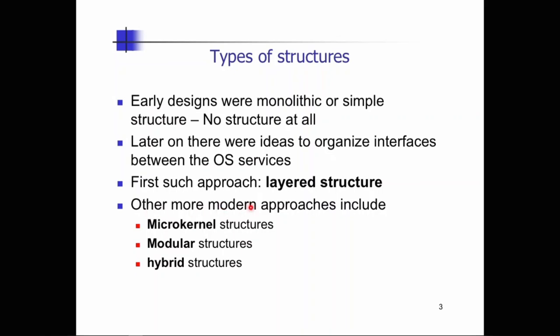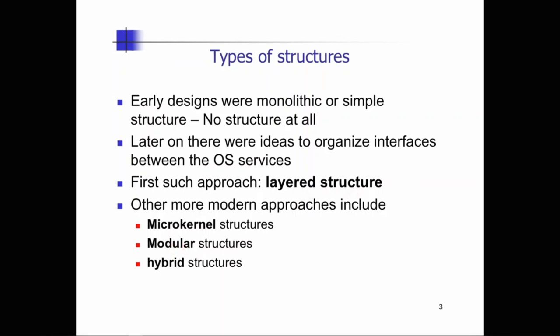There are other more modern approaches, such as the microkernel approach, in which the kernel is made very, very small, hence the term microkernel, and most of the services are moved to the user space. There's also a modular structure in which each of the services is a separate module, and there are some similarities between a modular structure and a layered structure.